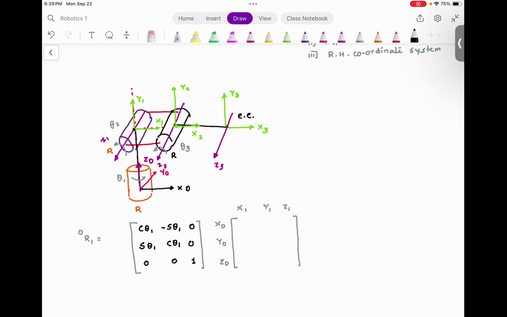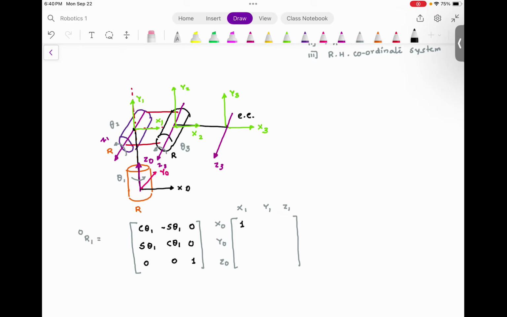Now the projection of x1, can you see that x1 is aligned with x0? You agree with me? It means the projection of x1 onto x0 is 1. So this is 1.